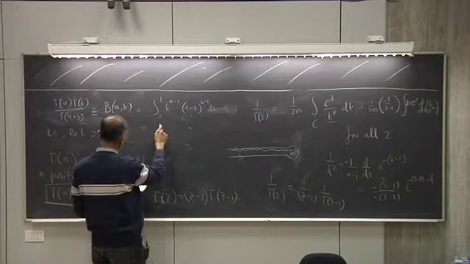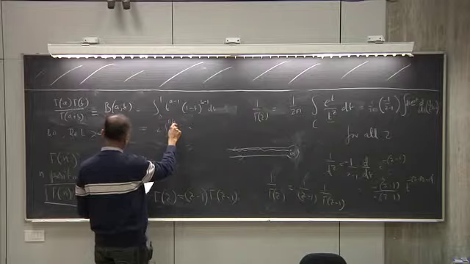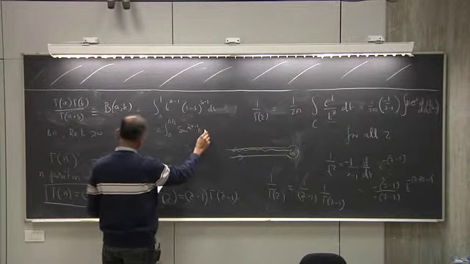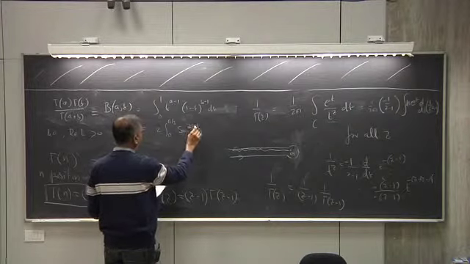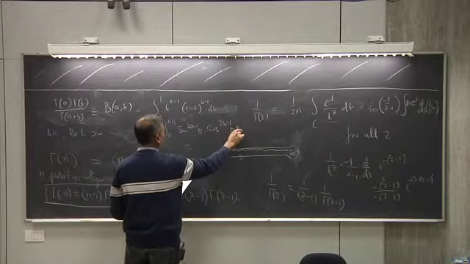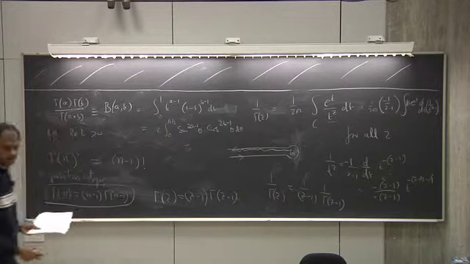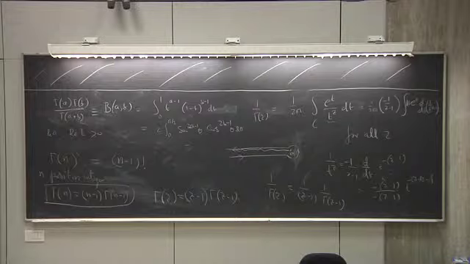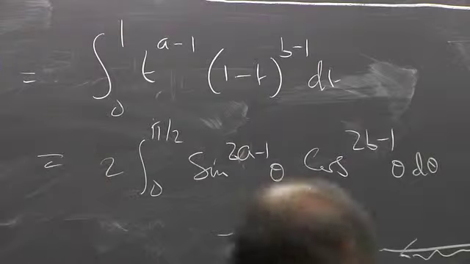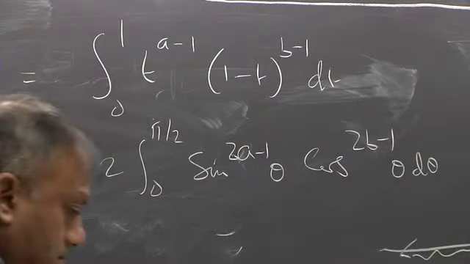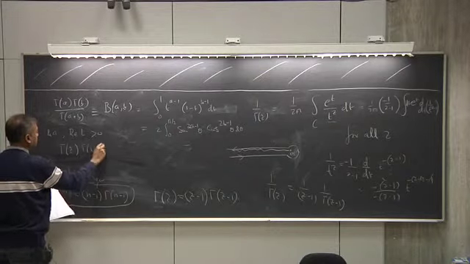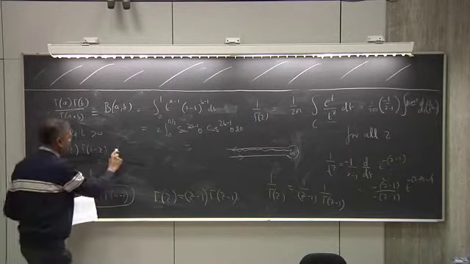Or you can write it in this form: 2 times the integral from 0 to pi by 2 of sine to the power of 2a minus 1 theta, and cosine to the power of 2b minus 1 theta. There are various ways of writing it. But one consequence of this was this important formula, which says gamma z times gamma 1 minus z is equal to pi divided by sine pi z.